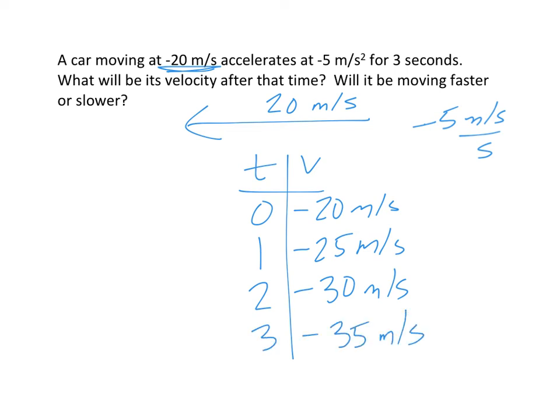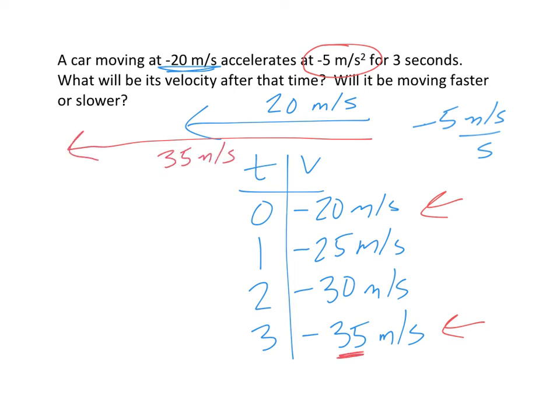So here's the question. Is this car getting faster or slower? You might have seen the negative acceleration and assumed it was getting slower like the last example. But notice, first I was going -20, now I'm going -35. Well, -35 is going to the left at a faster speed. 35 is the speed. The negative just indicates the direction.